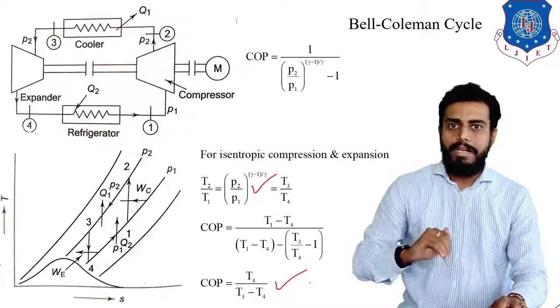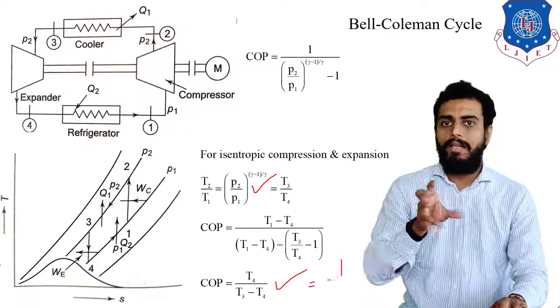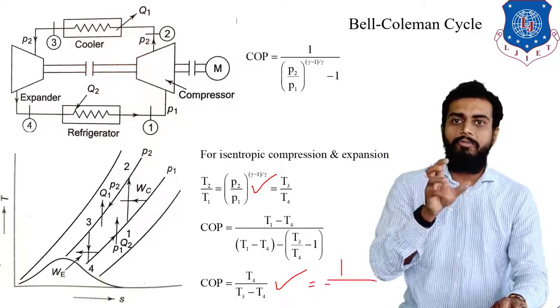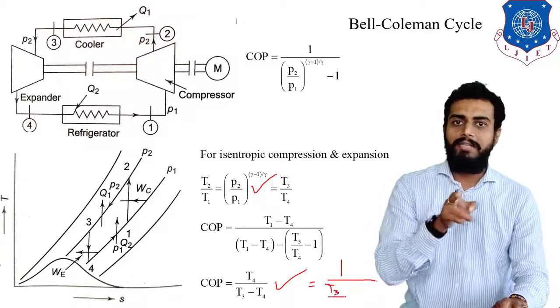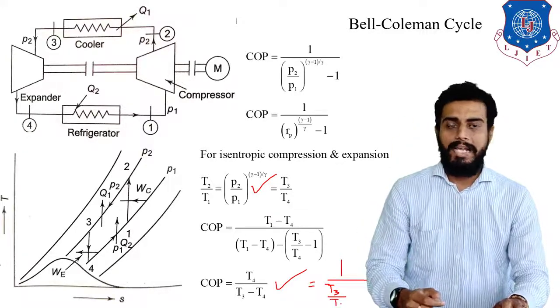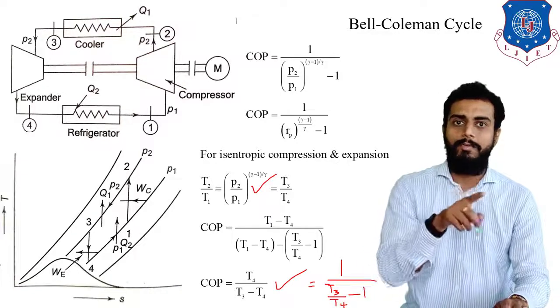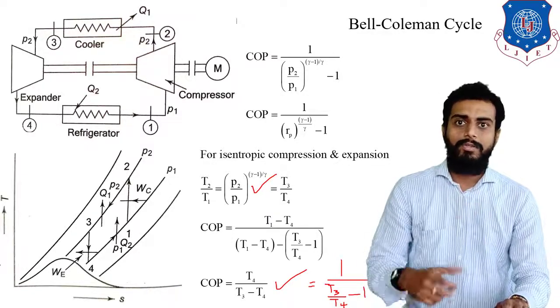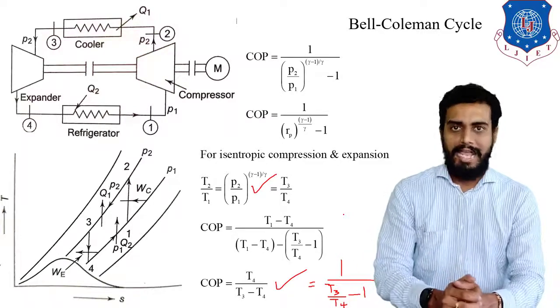So that is the pressure ratio, right? So I can write RP. So COP of the refrigerator will be equal to 1 upon RP raised to gamma minus 1 upon gamma, minus 1. Now remember and recall students the Brayton cycle efficiency equation. That was 1 minus 1 upon RP raised to gamma minus 1 upon gamma. Right? So the same way here also the COP is given like that.